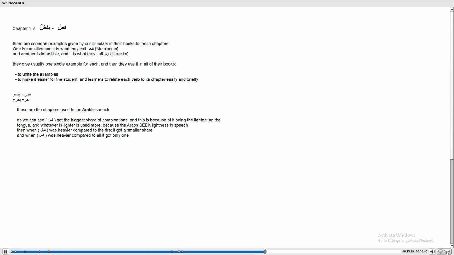Now, as you can see, nasara is giving victory. Giving victory implies someone giving the victory and another receiving it. Therefore, is it lazim or muta'addin?